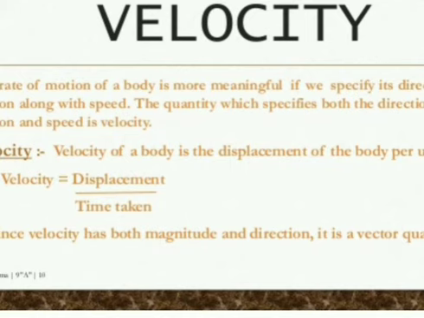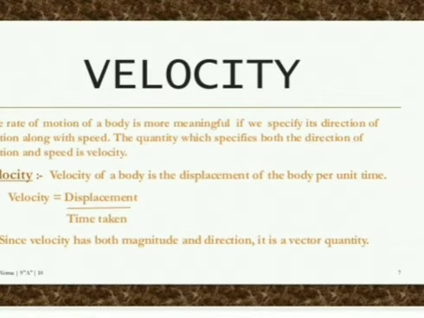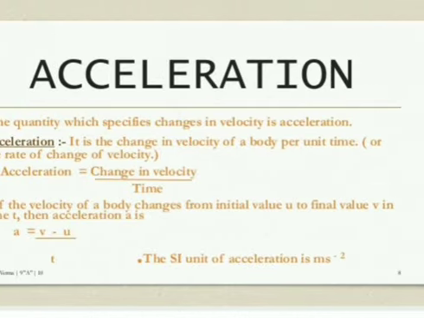And you know that displacement is a vector quantity. It requires direction as well as magnitude to express itself. So velocity involves displacement. Therefore, velocity is also a vector quantity which requires magnitude as well as direction to express itself. I think velocity is clear to you.